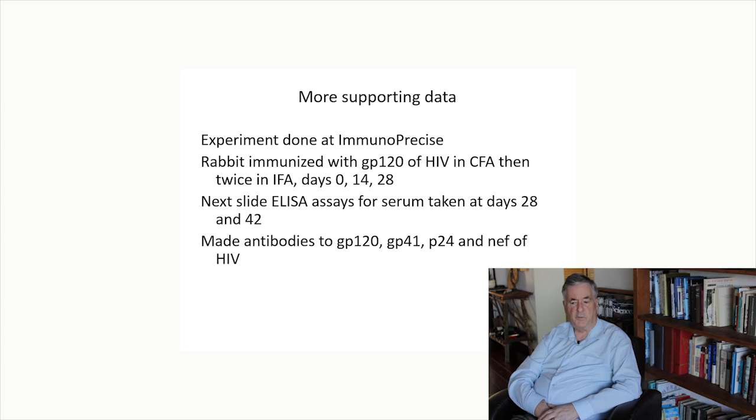We have additional supporting data in an experiment that was done at Immunoprecise Antibodies in Victoria. Rabbits were immunized with GP120 of HIV in complete Freund's adjuvant and then twice in incomplete Freund's adjuvant on days 0, 14, and 28. The next slide shows ELISAs for serum taken at days 28 and 42 in response to those immunizations in a rabbit.